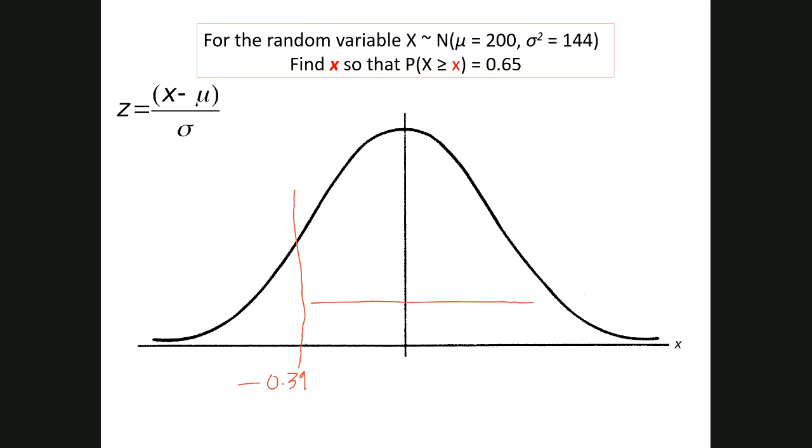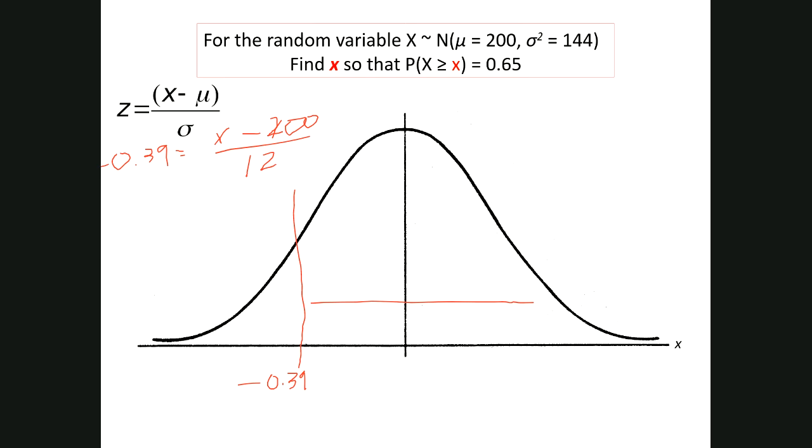All right, so now we're going to solve for x. So negative 0.39 is going to equal x, that's our missing variable, minus mu, the mean, which is 200, divided by 12, which is our standard deviation. Now we do a little bit of algebra.